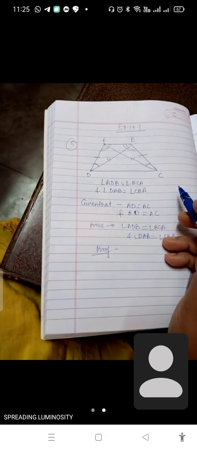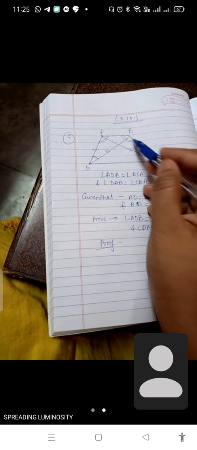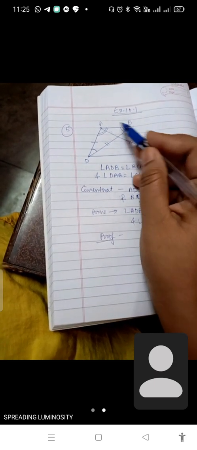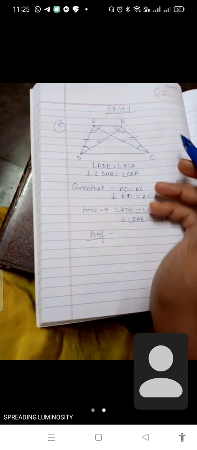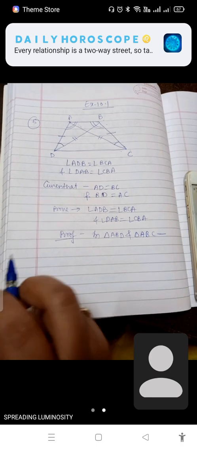Next, what will we write? Proof. These two angles are in triangle ABD and triangle ABC. So in the proof, take triangle ABD and triangle ABC. You have to take these two triangles.